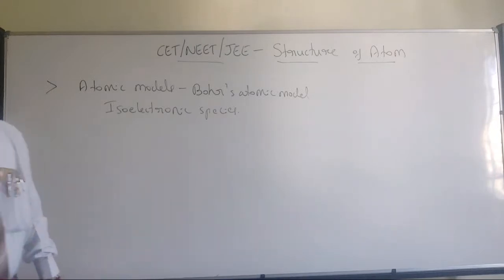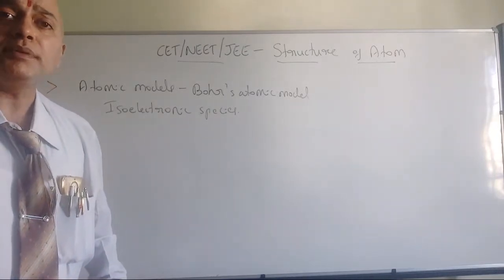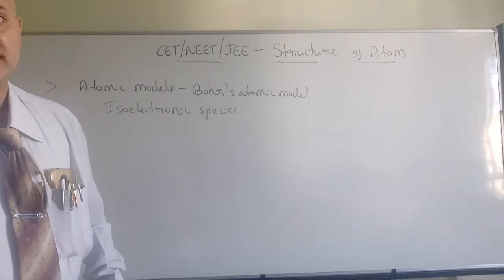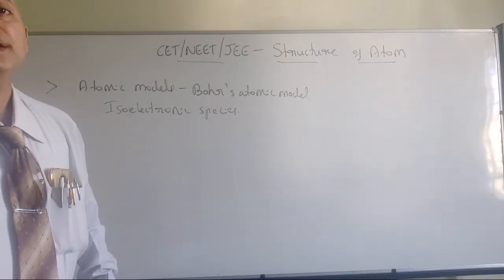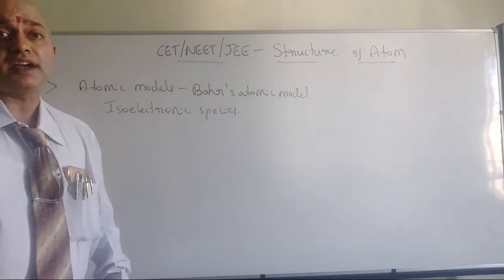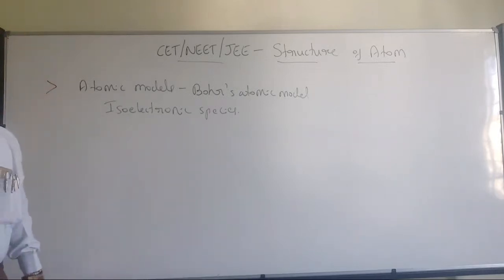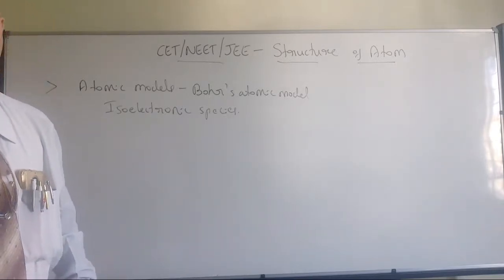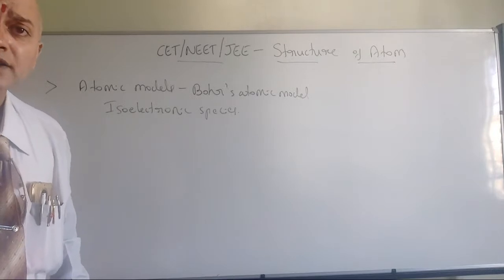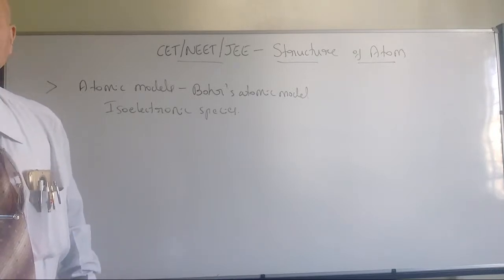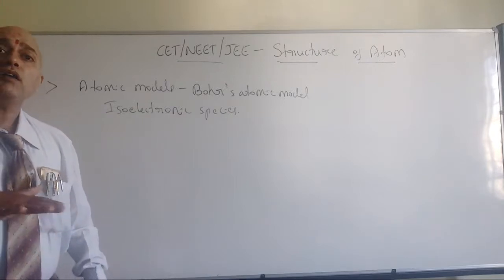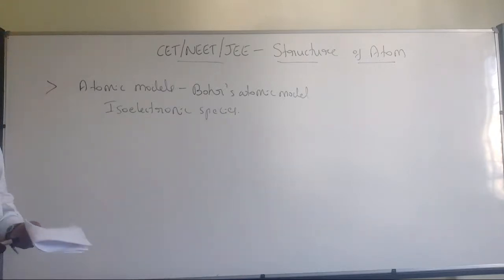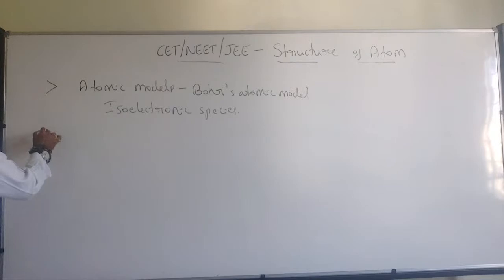So isoelectronic species can be a combination of atoms and ions, or it can be a mixture of ions. Anything is fine, but it cannot be atoms only. All the atoms cannot have the same number of electrons. It should be one atom and the others ions, or all of them can be ions. Only then can they become isoelectronic species.